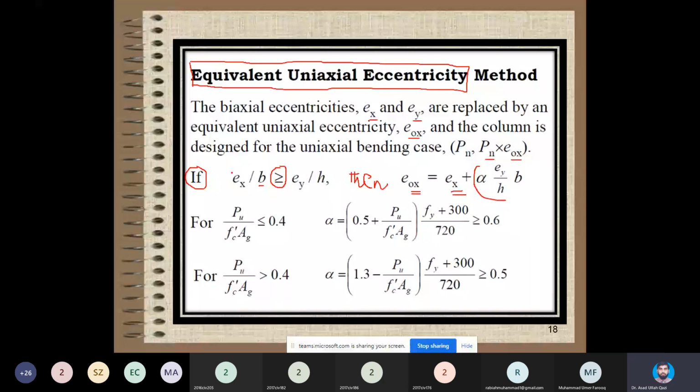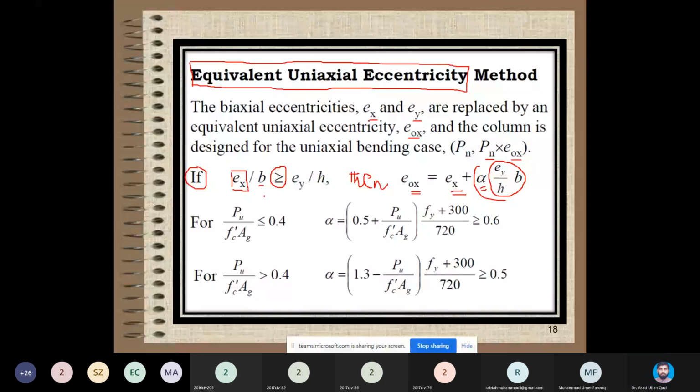So Ex will be Ey over h into b. So that is placed over here, Ey over h into b, and that is also multiplied with alpha. And this second component is then added to the first component to get the exaggerated equivalent uniaxial eccentricity.